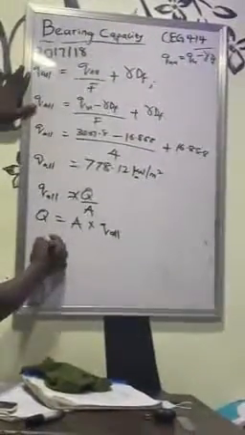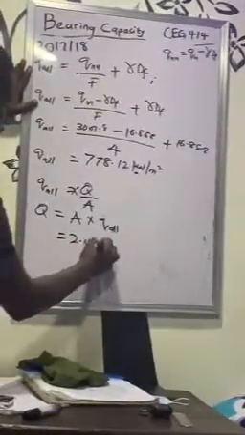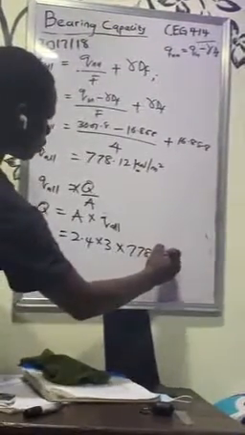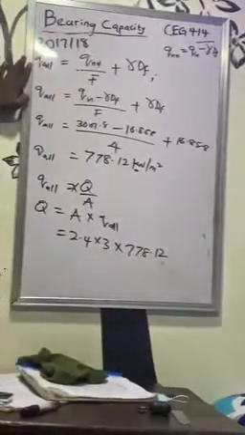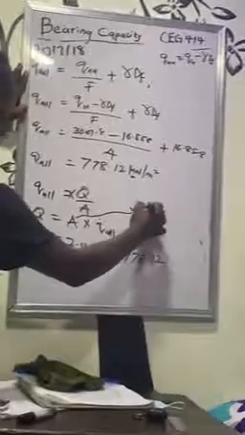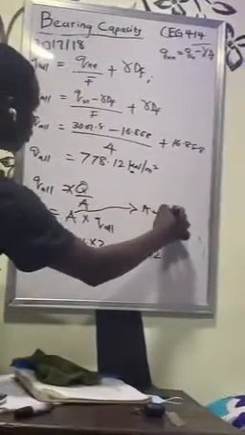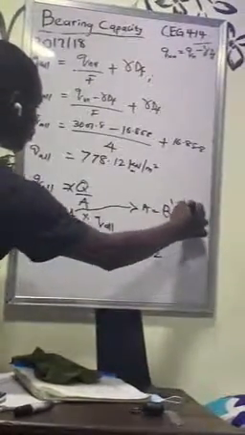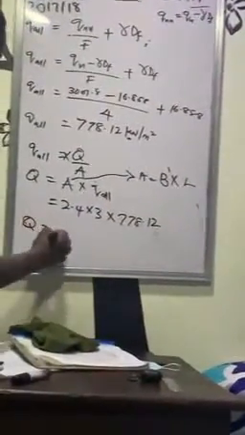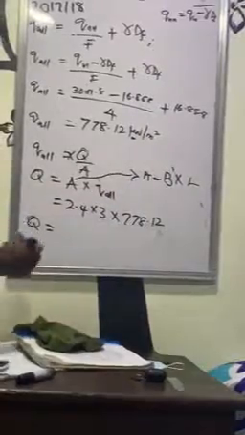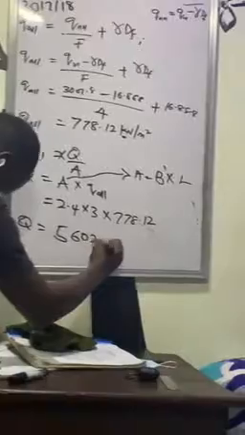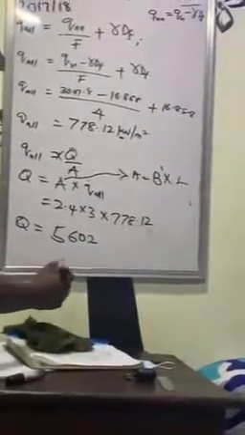My area is 2.4 multiplied by 3. So is A equal to L prime times B prime, or B prime times L? That's very, very important. A is equal to B prime, which is B effective, multiplied by L. Then Q equals 5,602.4.